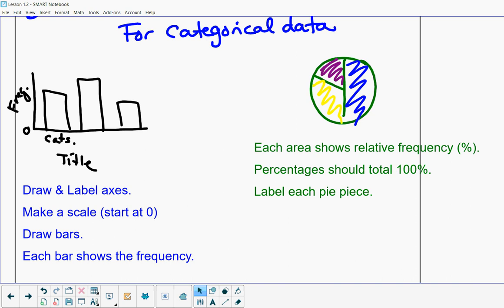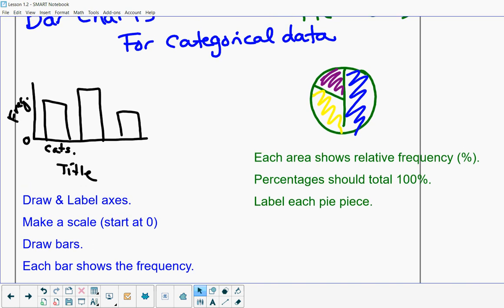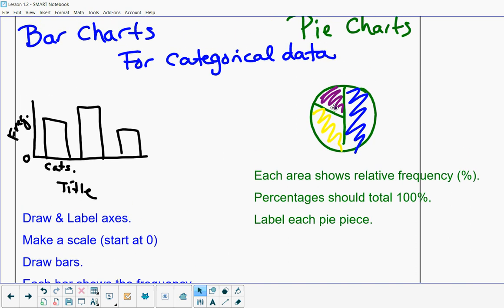When you're looking at your pie graphs, remember each area that's color-coded or shaded uniquely is showing the relative frequency, the percentage of the time it happens. All of those percentages should have a total of 100. Now, if you're rounding the percentages, it might be a little bit under or over, but again, technically it should be 100%.